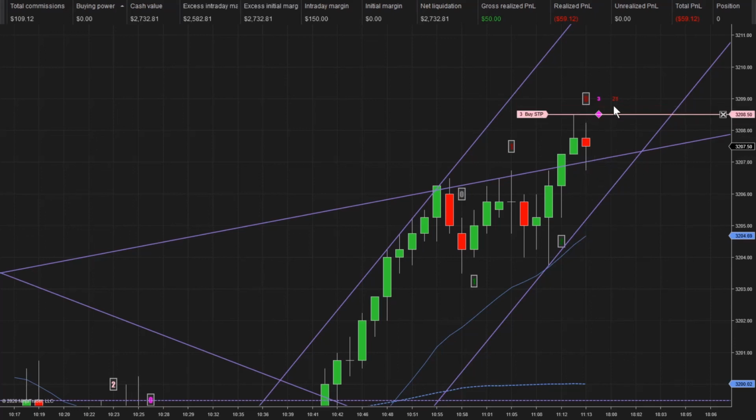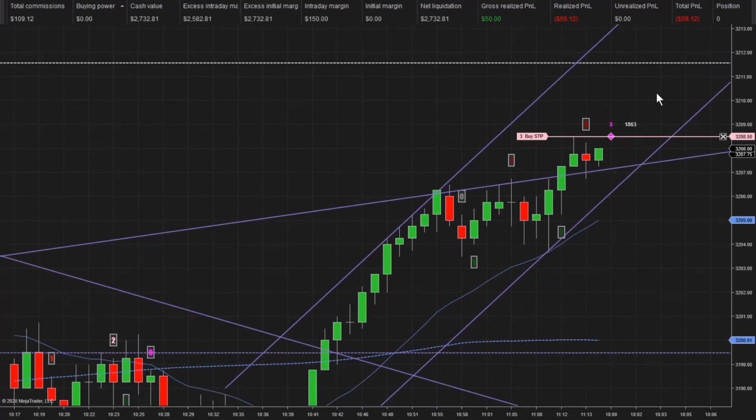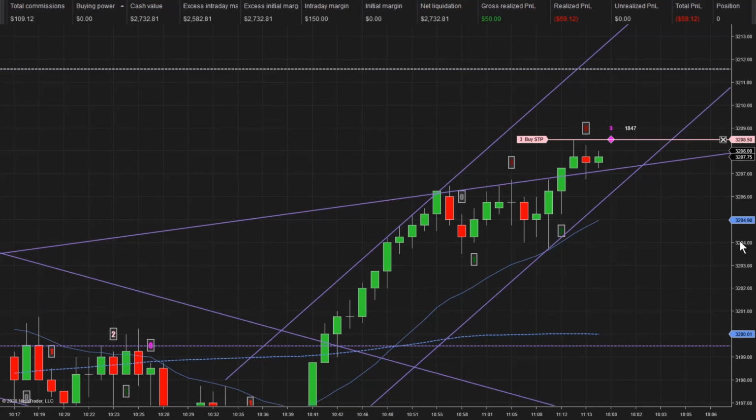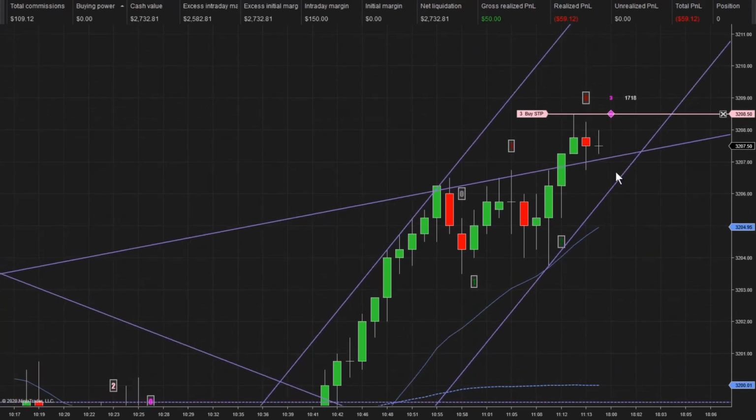So we got trapped bears here. I'm going to move it because we're at 18 now. And so this is my signal bar for the trap, and it's a good signal bar. My signal bar is a doji pretty much, but it's a very good spot.